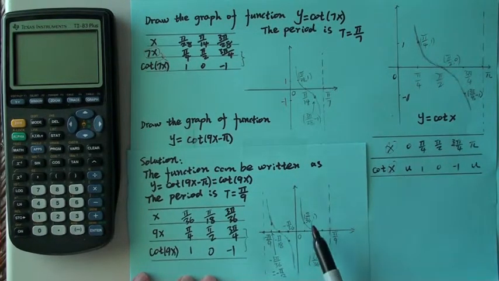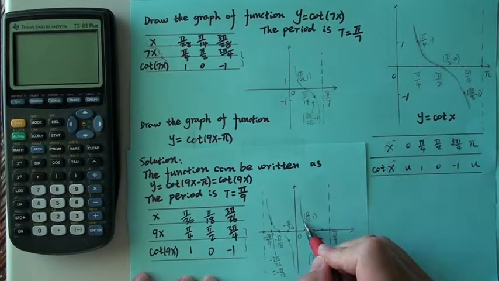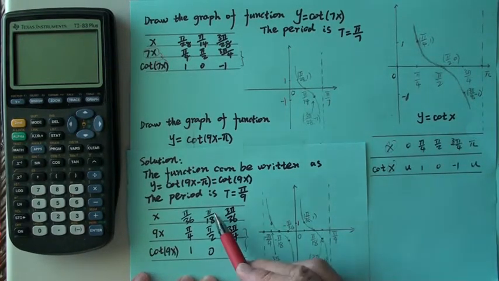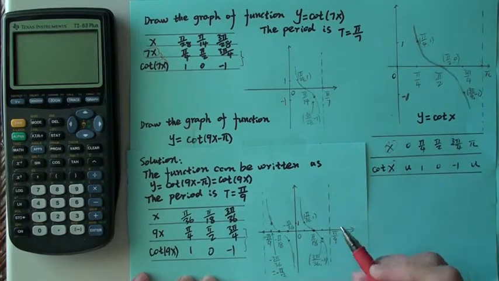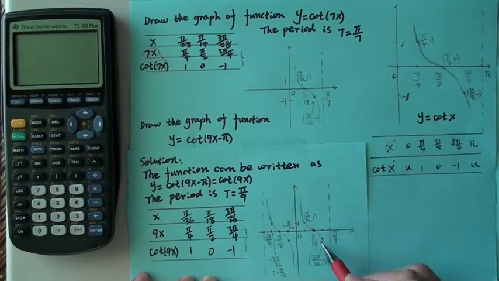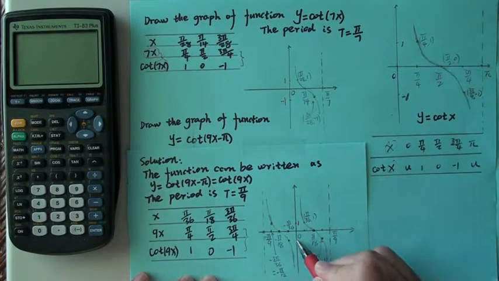Here, pi over 36, 1: you may put it right here, this point, and here is 1. And then pi over 18, 0 is the x-intercept. And then 3 pi over 36, negative 1, you put right here. So here is negative 1.